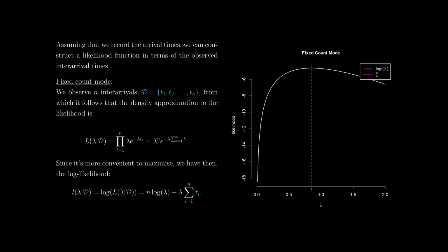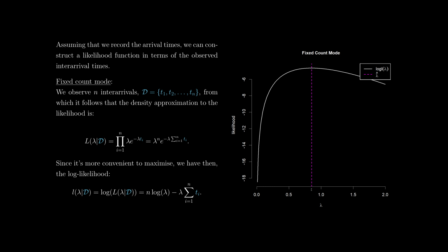Now, how the likelihood function manifests in the present context is as follows. Assuming that we record the arrival times, and I'll just include a little footnote here that sometimes one just observes the counts, not the times, which necessitates a different construction of the likelihood, but for now we'll assume that you record the arrival times. From that, we can construct the likelihood function for a Poisson process in terms of the observed interarrival times.